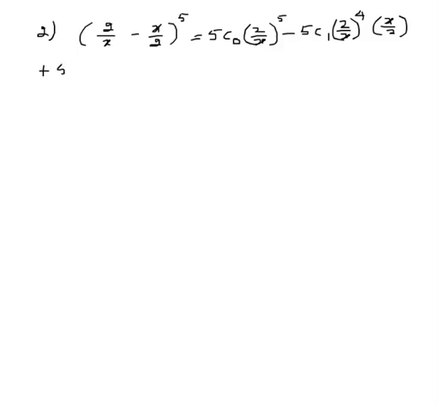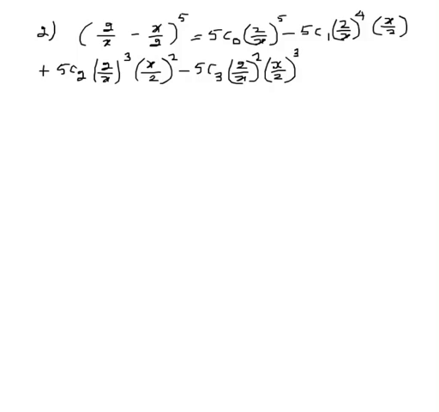Next term will be positive. 5C2 2 over x the whole cube times x over 2 the whole square. Next, minus 5C3 2 over x the whole square, x over 2 the whole cube.